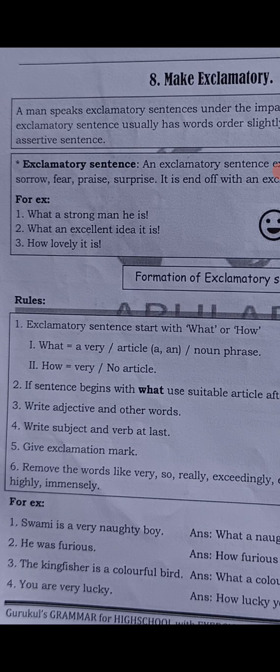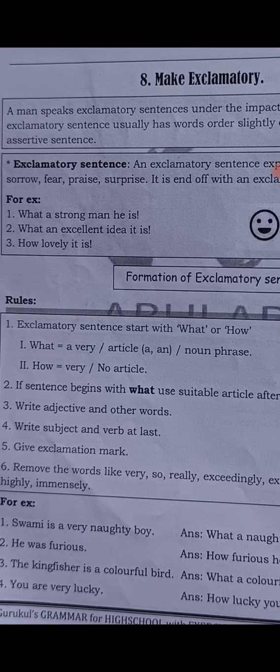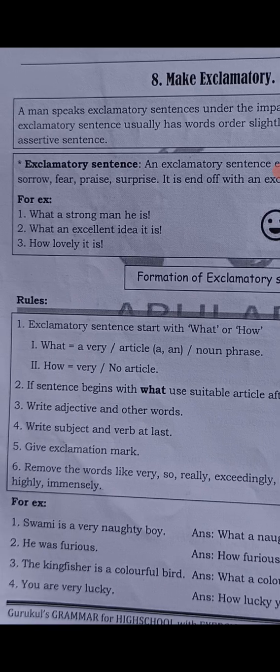Rule number 2, if the sentence begins with what, use a suitable article after that. Rule number 3, write the adjective and other words. Rule number 4, write subject and verb at last. And rule number 5, give an exclamation mark at the end of the sentence.